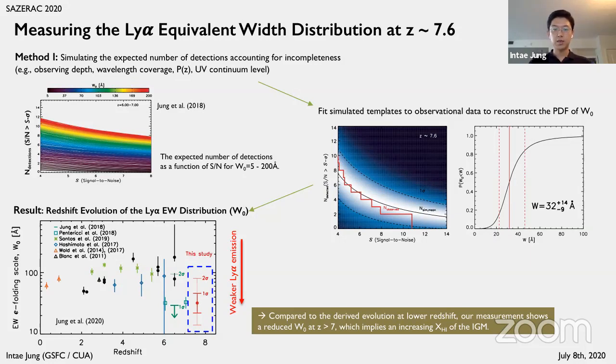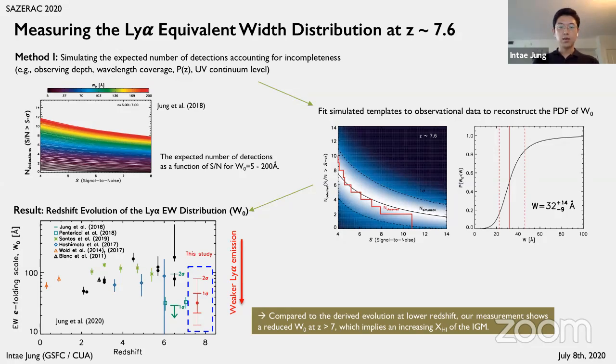So I'm skipping the details of the method, but in short, we basically obtained the probability distribution of the expected number of detections with the e-folding scale from 5 to 200 angstrom, as shown in this plot. And we fit this simulated template to our actually detected Lyman alpha emissions to find the best-fit value of the e-folding scale of the distribution, shown in the right panel.